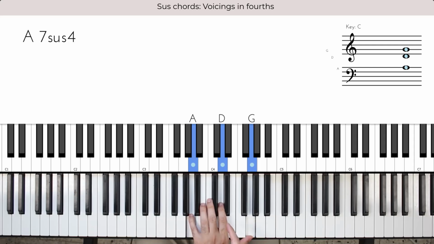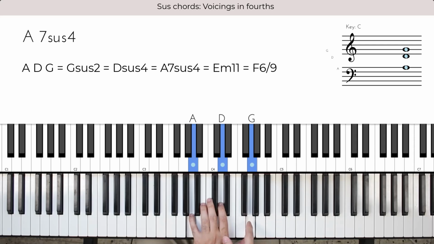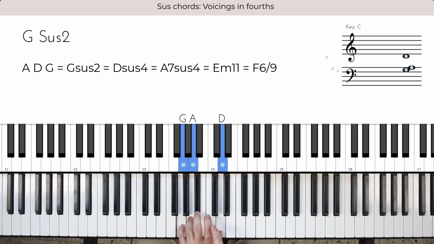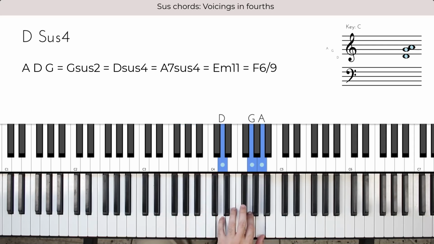Now the first thing I like to point out, and I've already done this a little bit, is that there is a lot of ambiguity in the interpretation of this voicing in fourths. So what I'm playing here can either be a G sus2 or a D sus4.